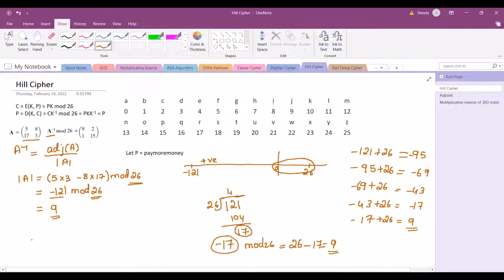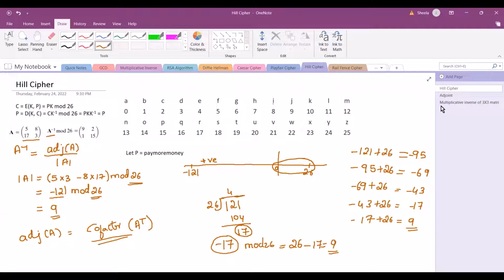So now we have found the value of the determinant of A. The next thing I have to find is the adjoint of A. How is the adjoint defined? Adjoint of A is the same as the cofactor of A transpose. First, let us find out how to find the cofactor.